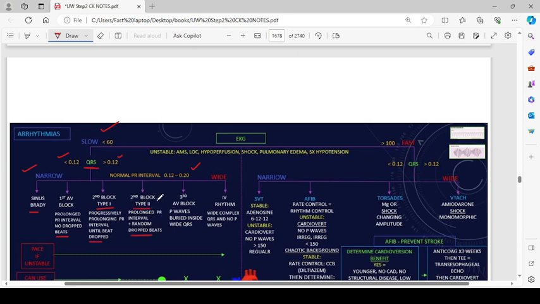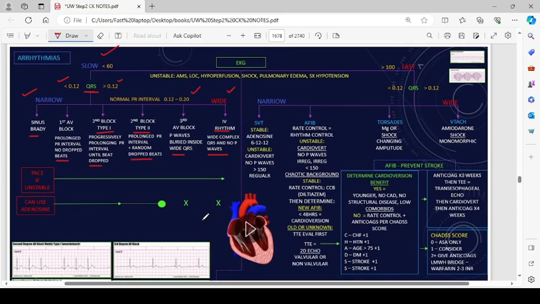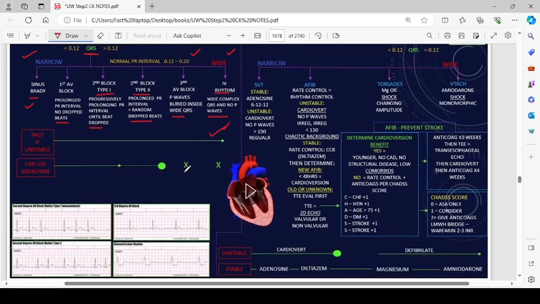The third degree block is AV block, P waves buried inside the wide QRS, and the widest QRS is seen with the IV rhythm, interventricular rhythm, that is wide complex QRS and no P waves. So moving in this direction, from sinus bradycardia to IV rhythm, you should start pacing if the person is unstable, and we can also use adenosine.